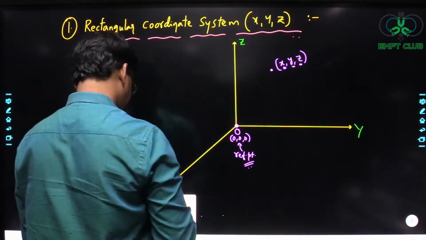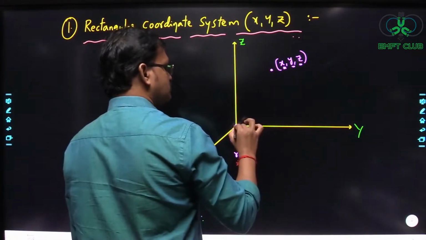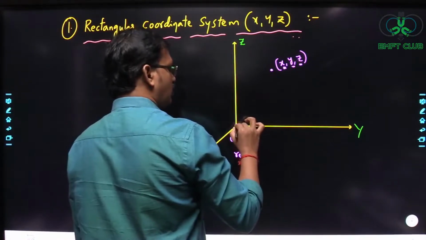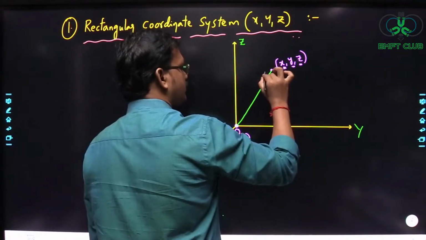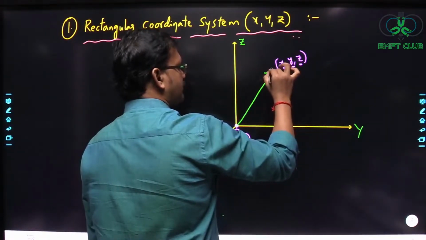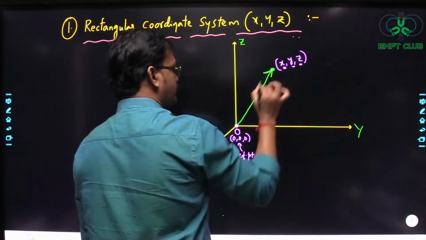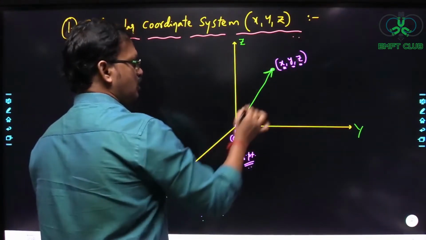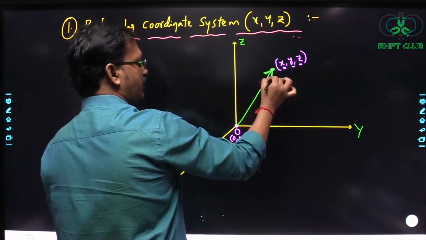Now if I draw a vector that is pointing from the origin to this point, so this is some arbitrary point I have chosen.